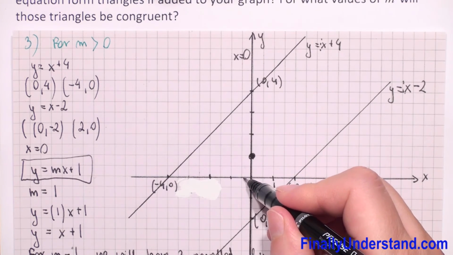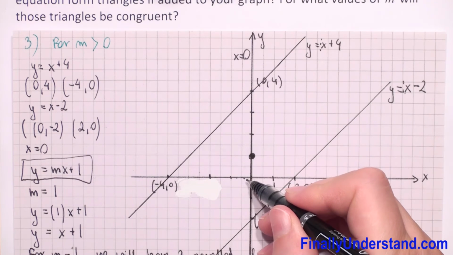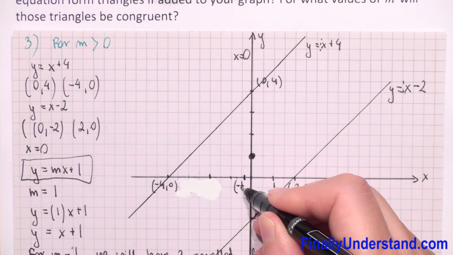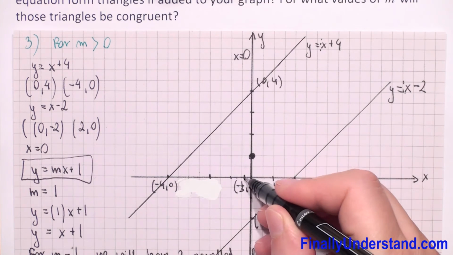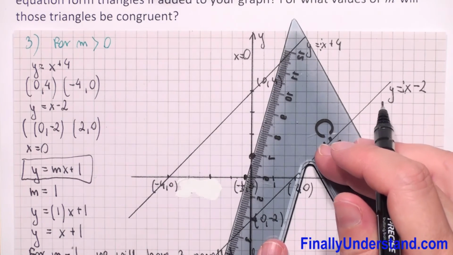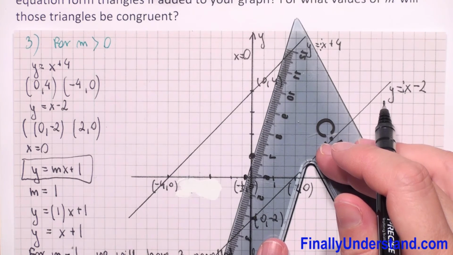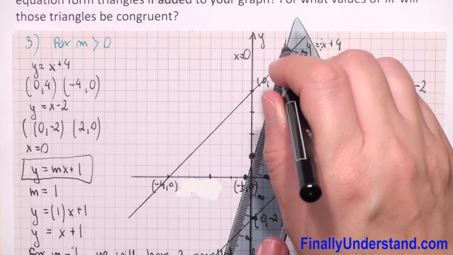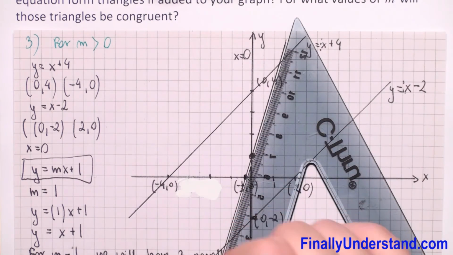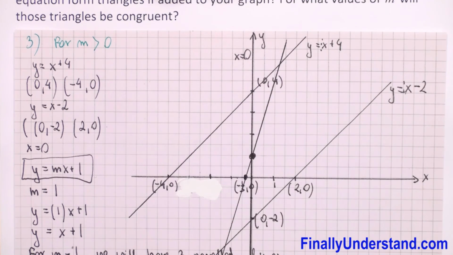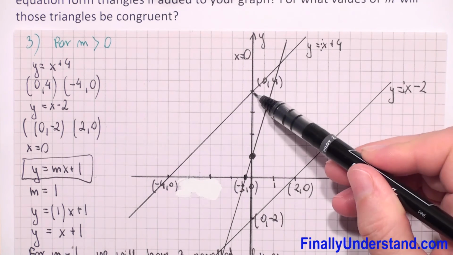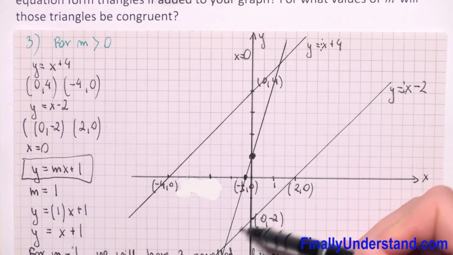We have to divide it into 3 pieces, so approximately here is negative 1/3. So this is our point, negative 1/3, 0. Now if we connect these 2 points, we have our line, and we see that for m equals 3 we got 2 triangles.